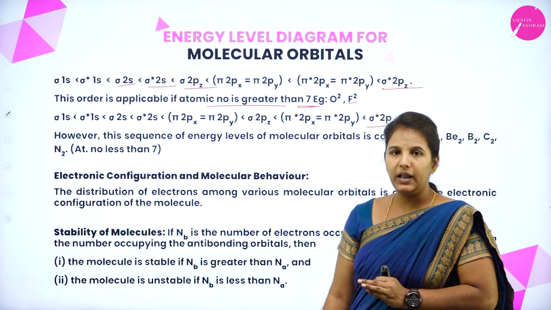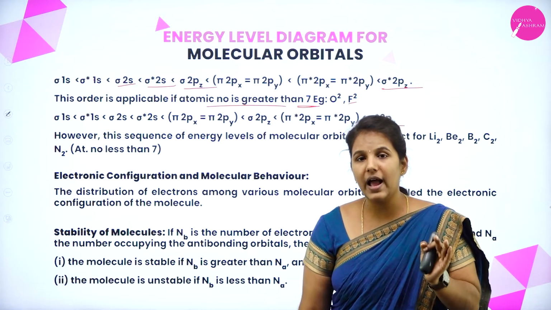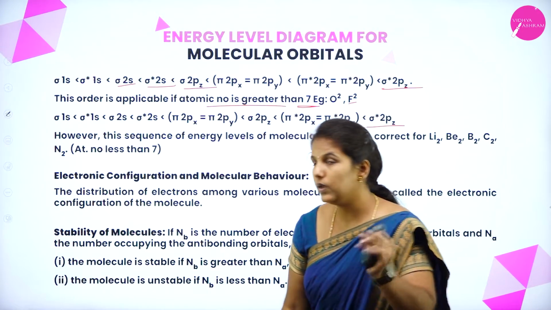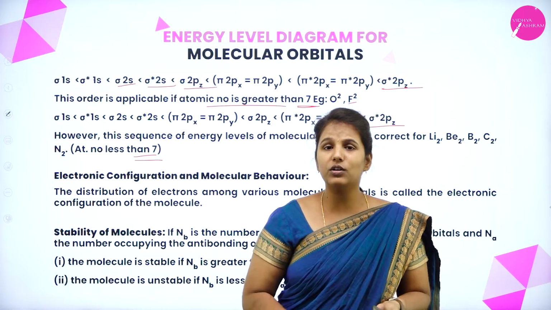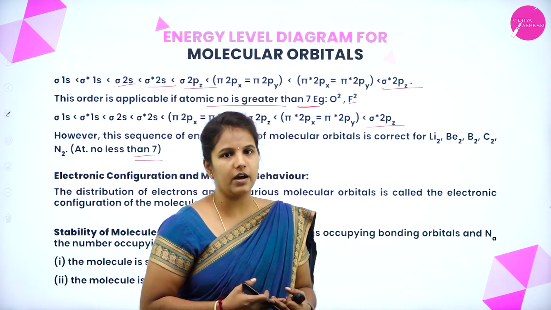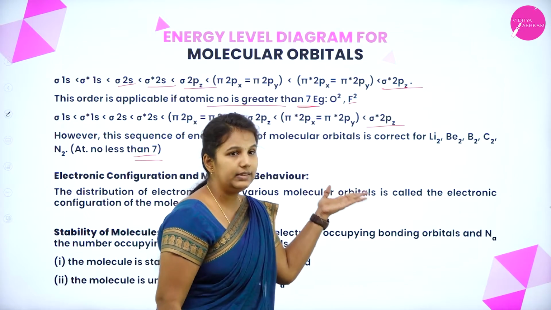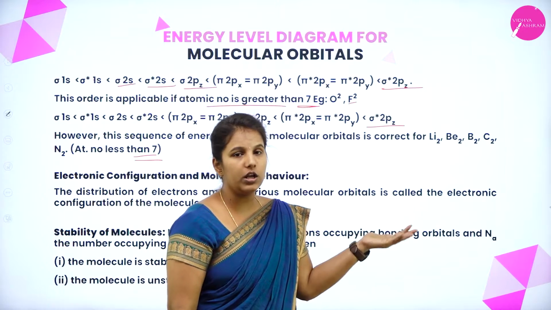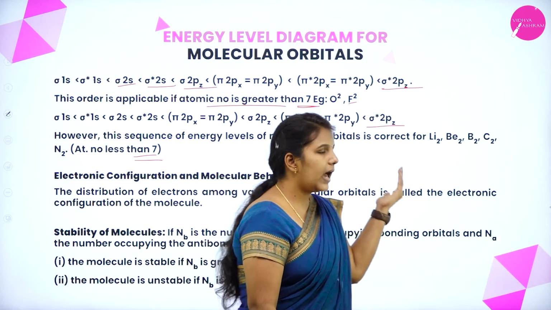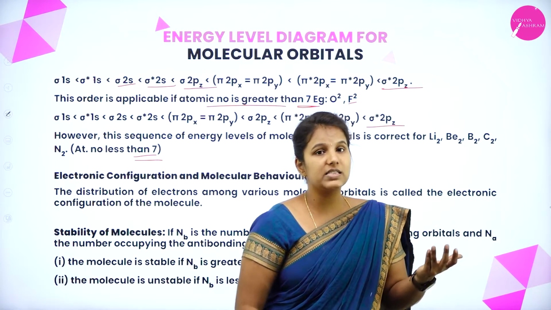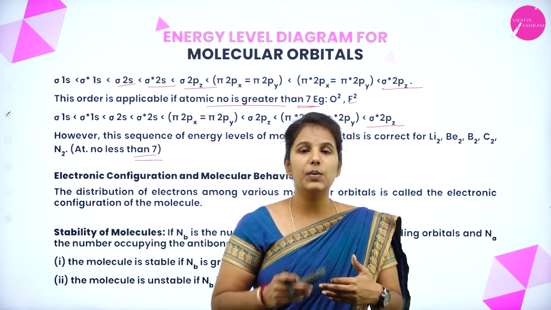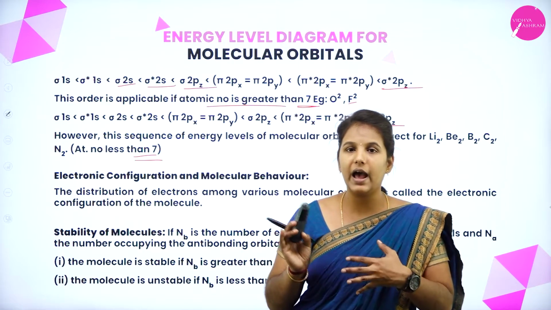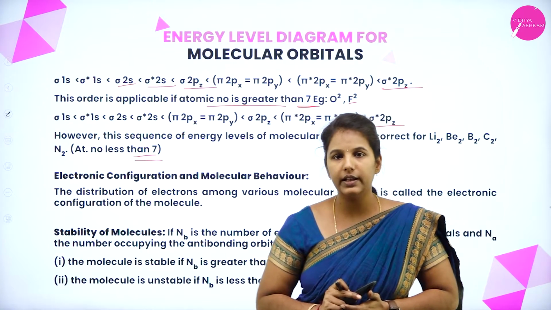This other order is applicable to elements which have an atomic number lesser than what? Lesser than 7. You can list many examples for this, such as the lithium molecule, beryllium molecule, boron molecule, and carbon molecule, where all these elements have atomic numbers lesser than 7 and have their own energy level.